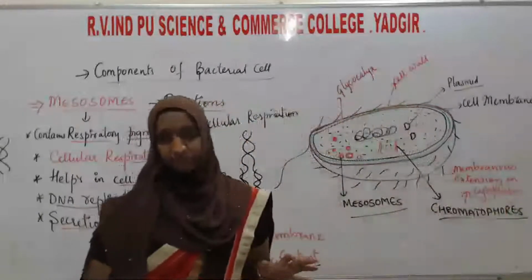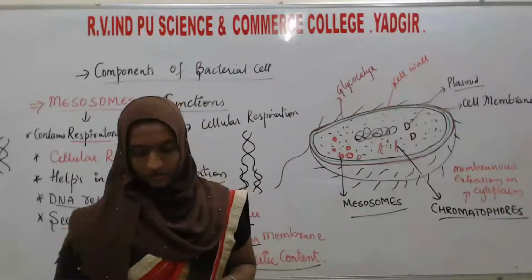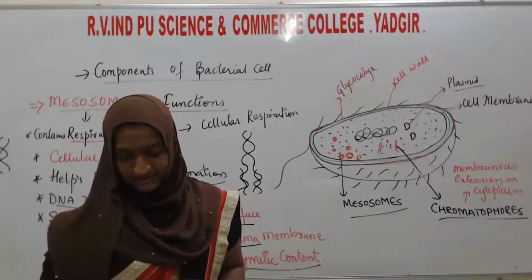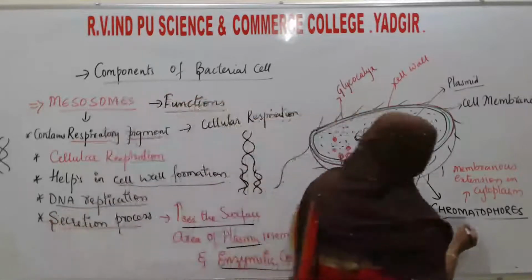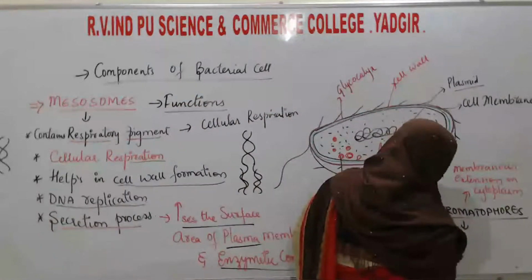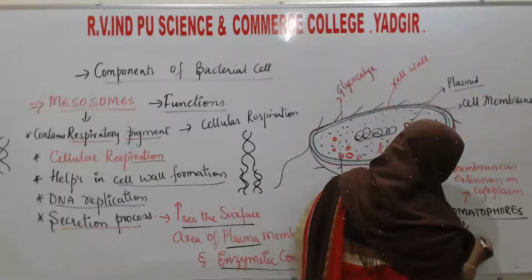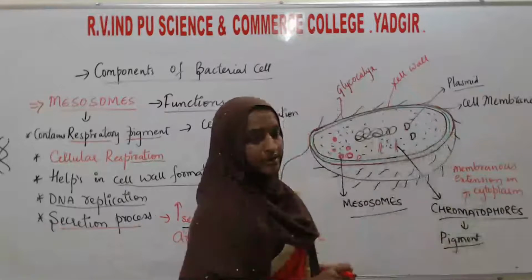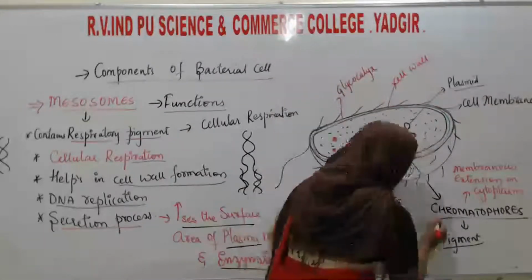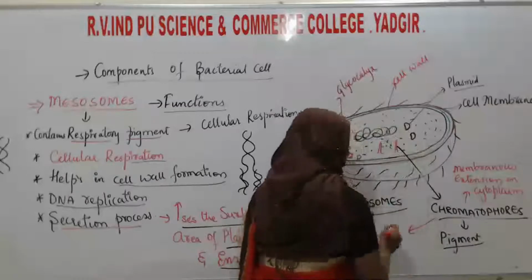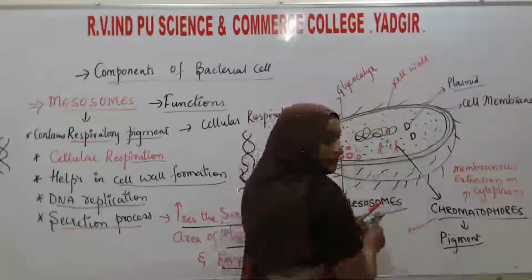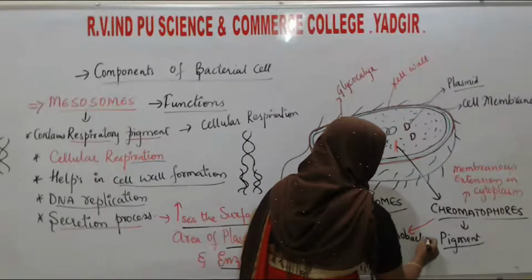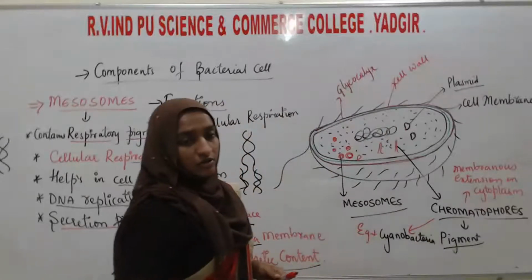By the name chromatophores, they contain pigments. Such bacteria, which have the chlorophyll pigment and contain the pigment of the chromatophore cell organelle, are the cyanobacteria.